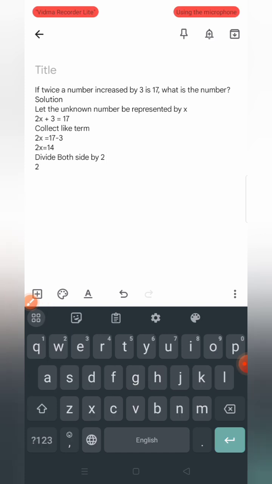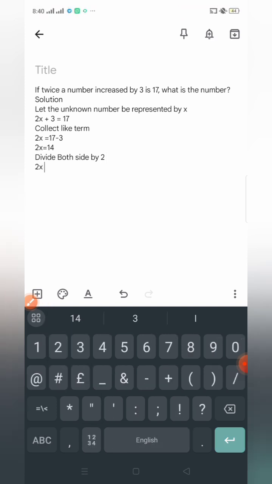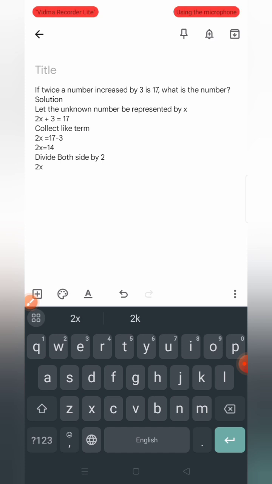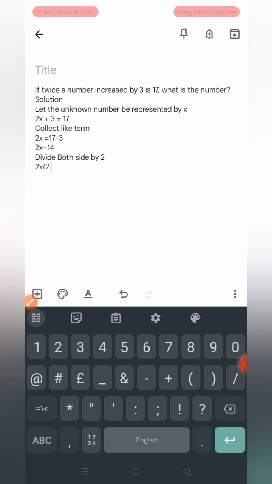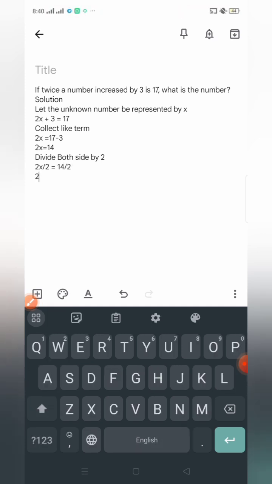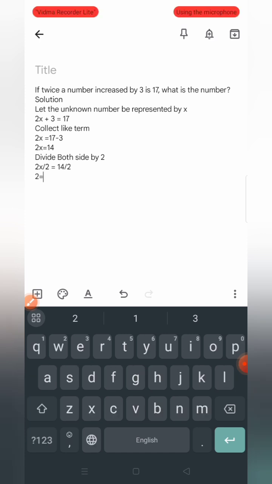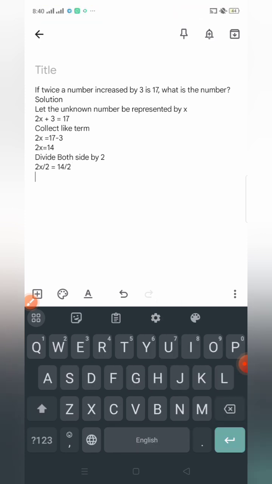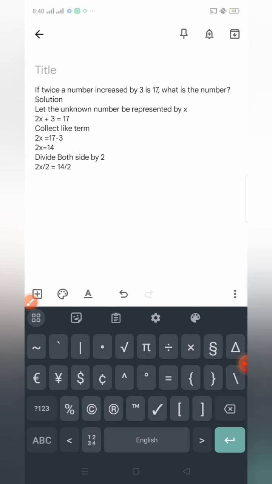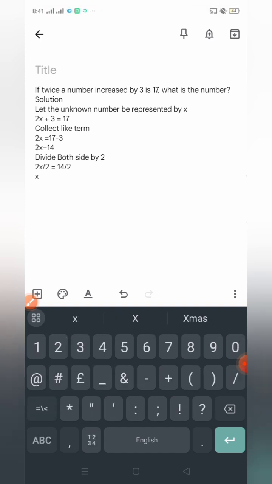So we have 2x divided by 2 equals 14 divided by 2, and our answer will be x equals 7.